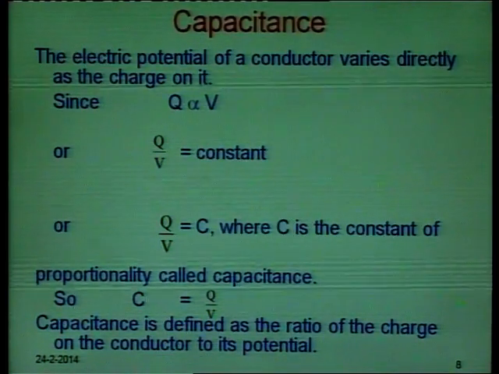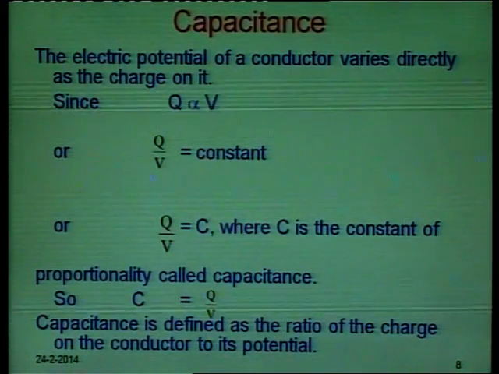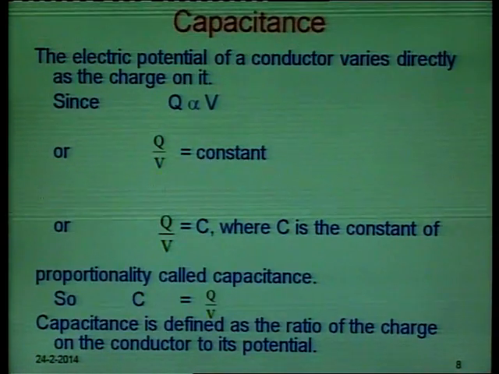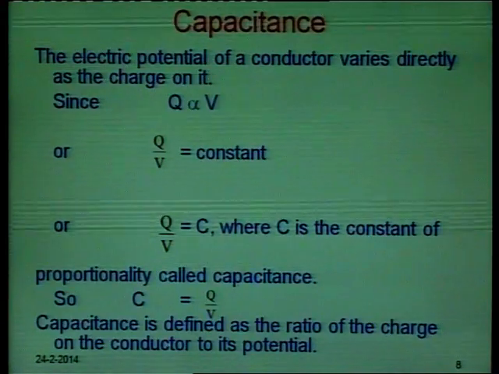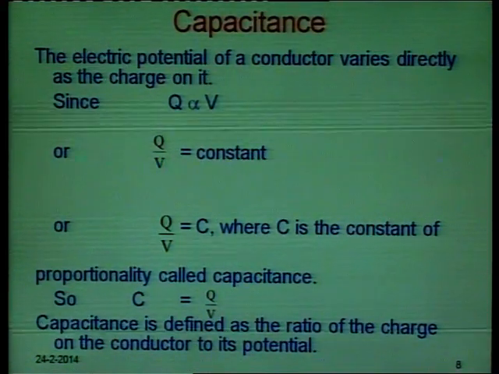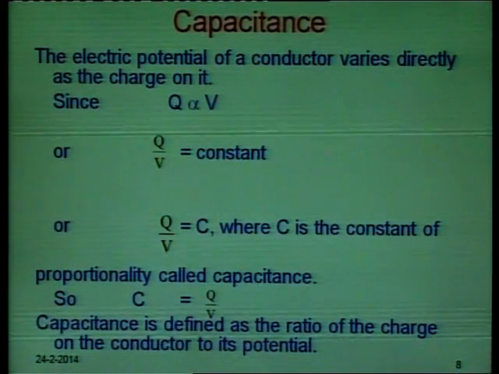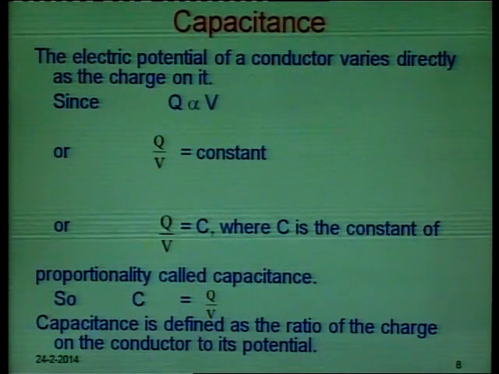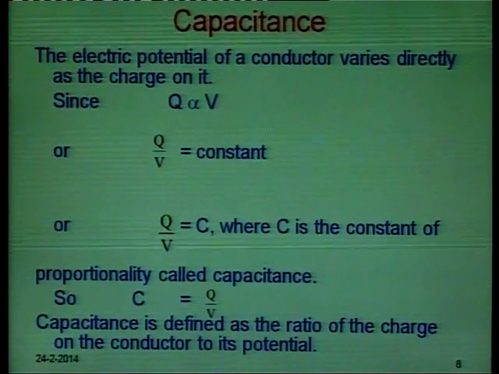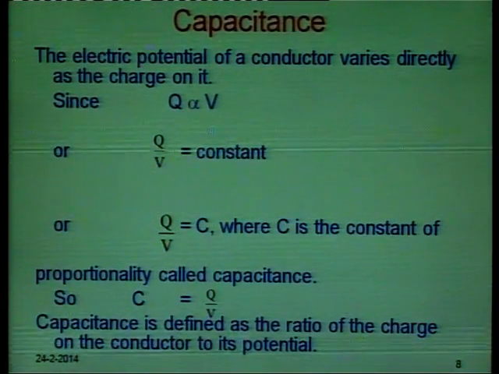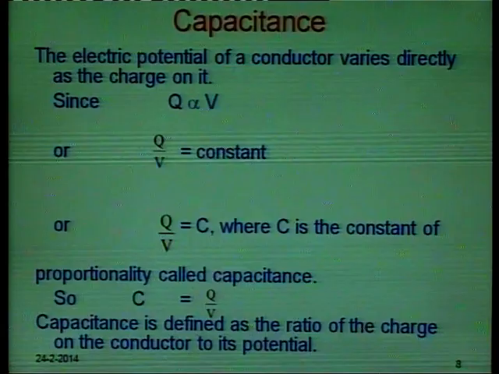If you give some electric potential to a conductor, you will find that electric potential varies directly as the charge on the conductor. So, charge is directly proportional to the potential, or the ratio of charge to potential of a conductor is always constant, and this constant of proportionality is called capacitance. So, capacitance of a conductor is the ratio of charge to the potential applied to the conductor.